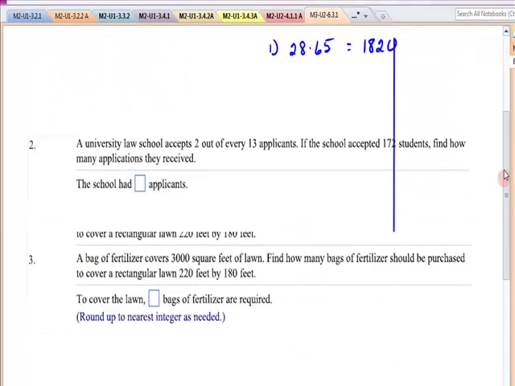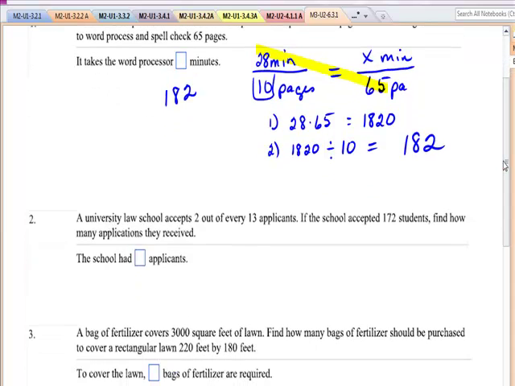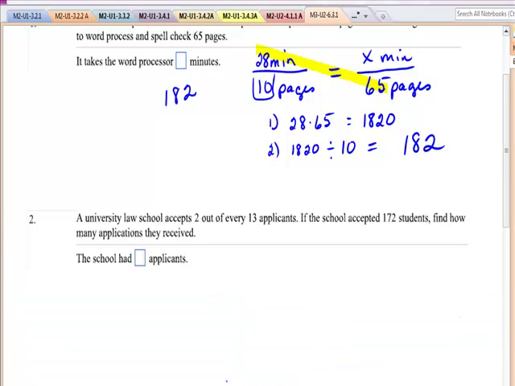Take that 1,820, divide it by the number we haven't used yet, which is 10, and I will get 182. It will be in minutes. It will take her 182 minutes. So just a tiny bit over 3 hours, but that's not what the question asks.